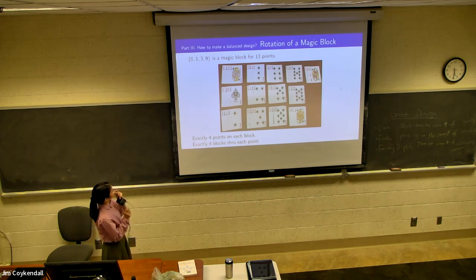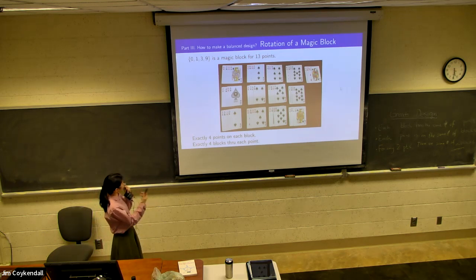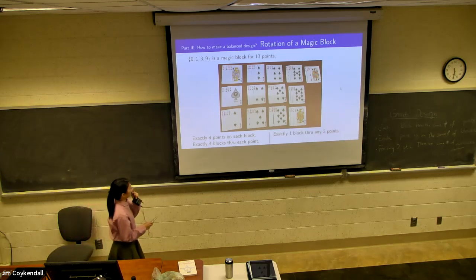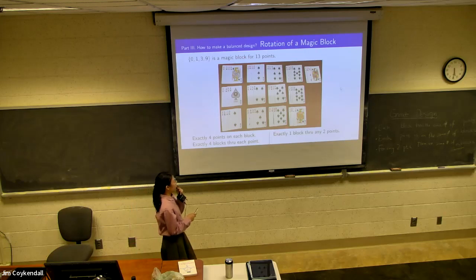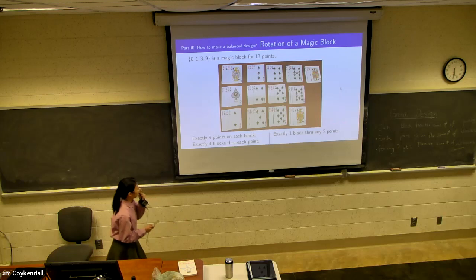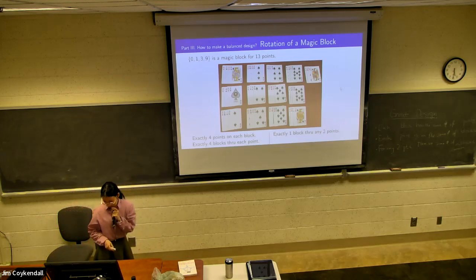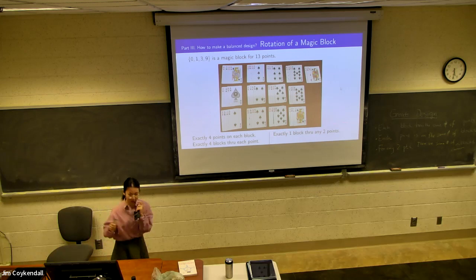That is again not so exciting because I know that I get 4 aces, 4 twos, 4 threes, and of course each point will appear on 4 blocks. What's more is that for any 2 points, there will be exactly 1 block. This one again, you have to just check carefully. You can give me 2 numbers from A to K.